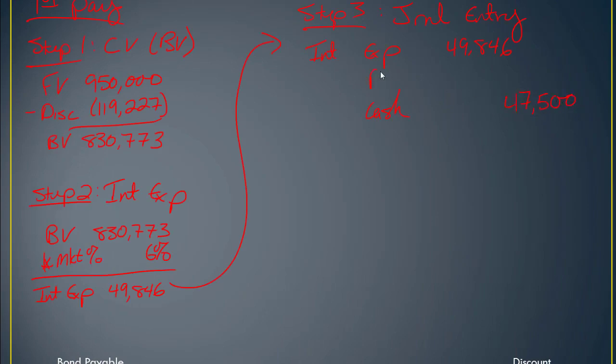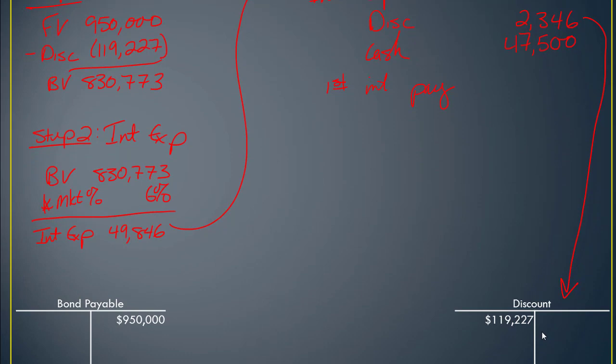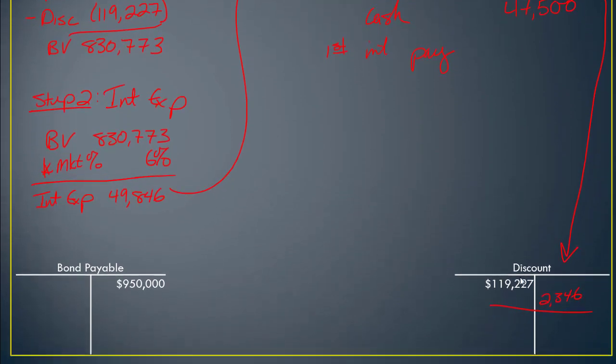And the difference to make that balance is what I amortize away out of my discount. So $2,346 will make that balance, and this is my first interest payment. And I'm going to take this number down here and get a new discount amount of $116,881.